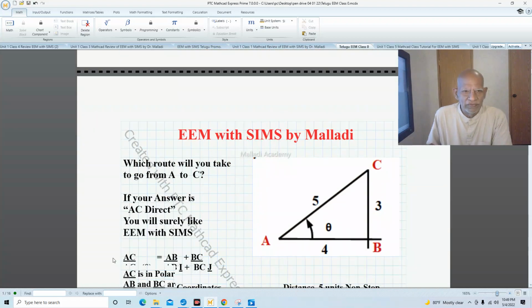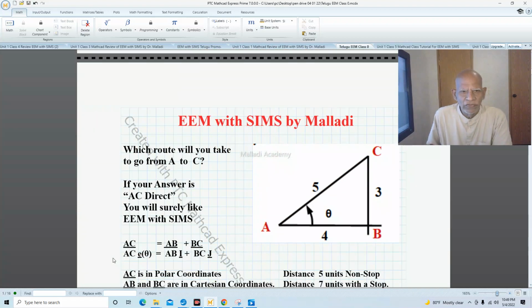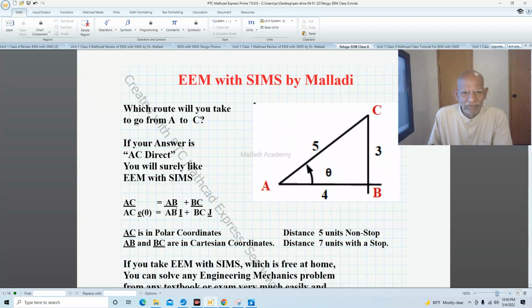EM with SIMS. Which route will you take to go from A to C in this figure here? If your answer is AC direct, you will surely like EM with SIMS. Here are two vector equations.